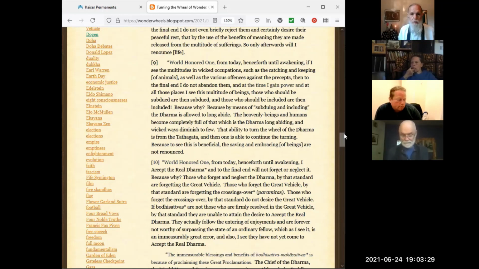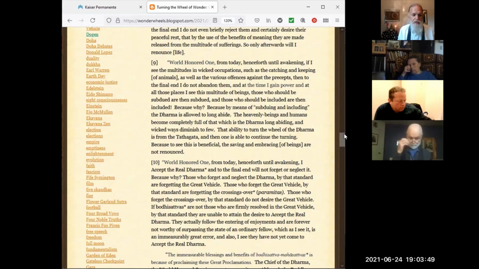And it's a recognition here that it comes from the Tathagata. It comes from that which comes forth as thusness, suchness. And then we, as people, are able to continue the turning.